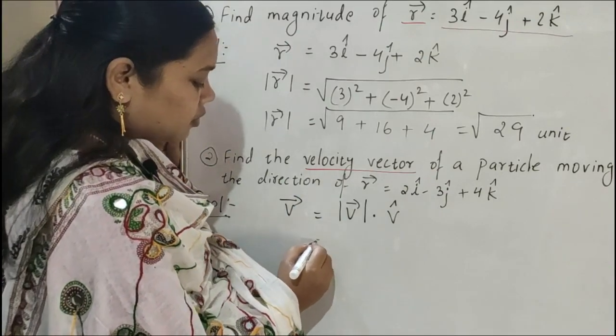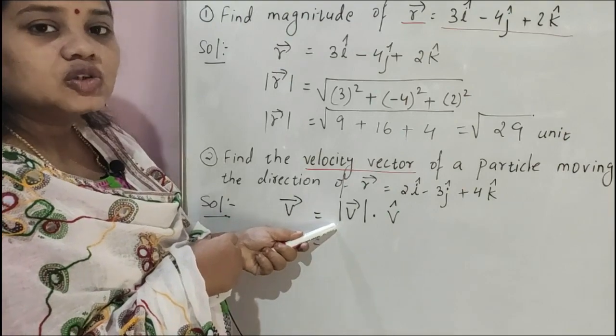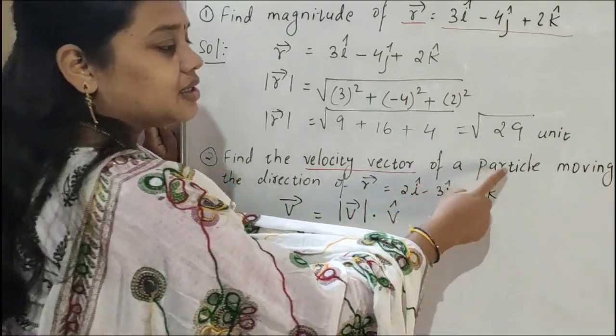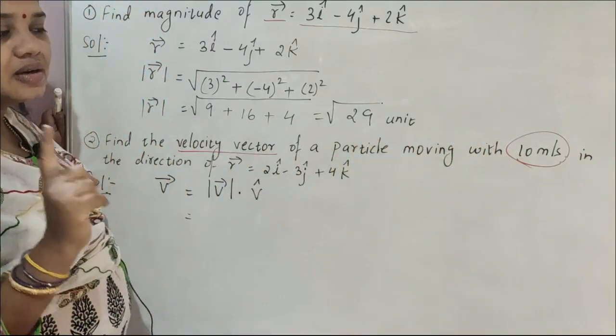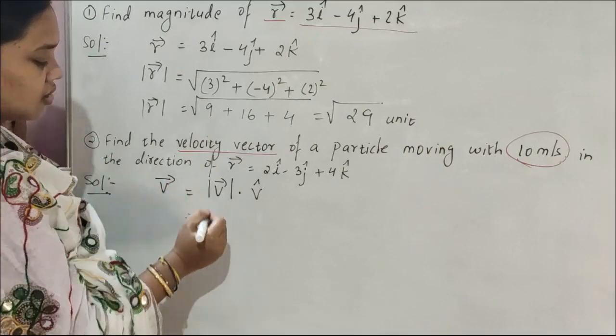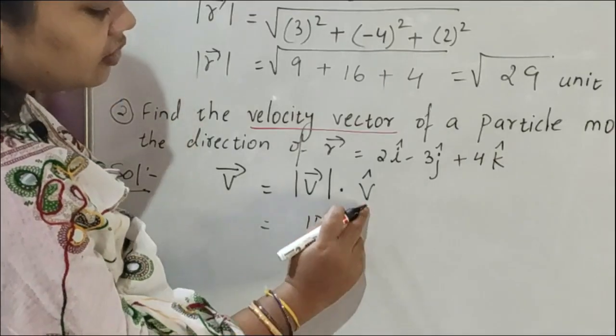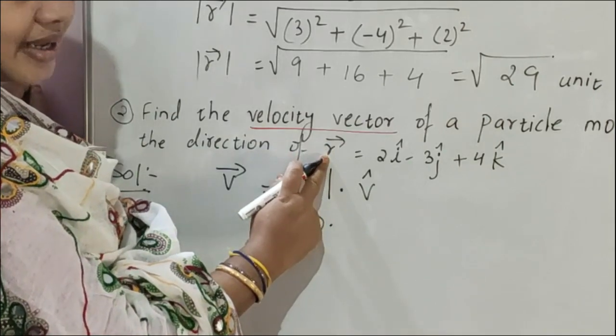Now children, see what is given? Magnitude of velocity vector. The particle is moving with what velocity? 10 meter per second. Magnitude is given, 10 meter per second. Right? 10 into what is the direction? Direction is in the r vector direction.